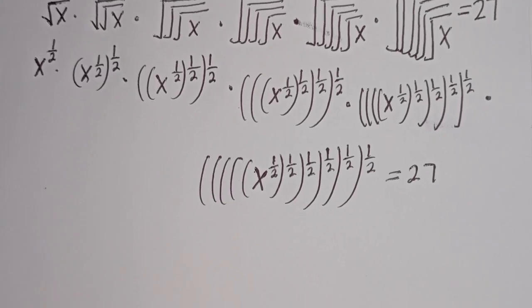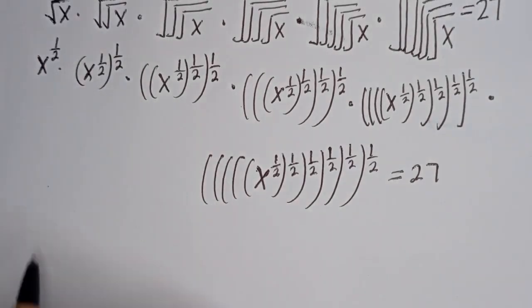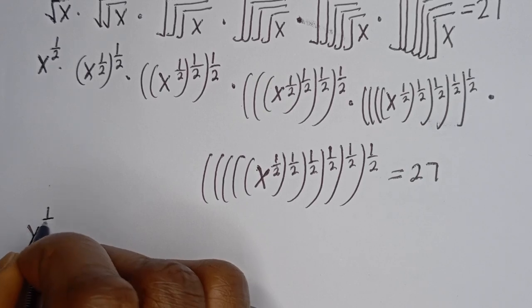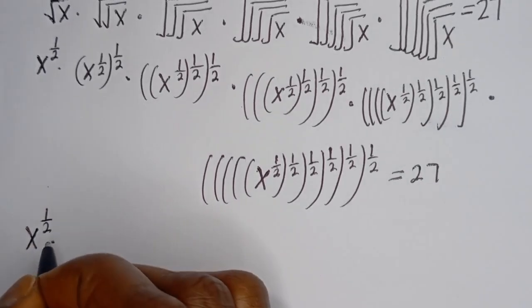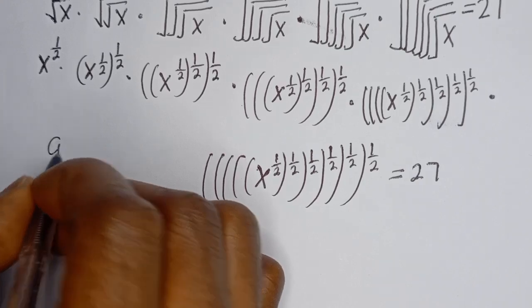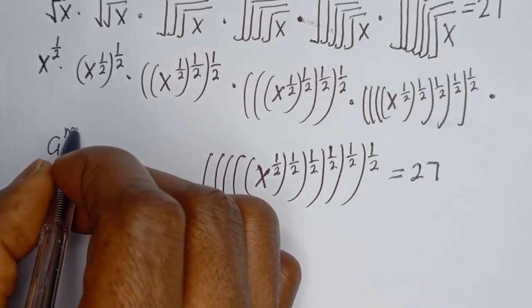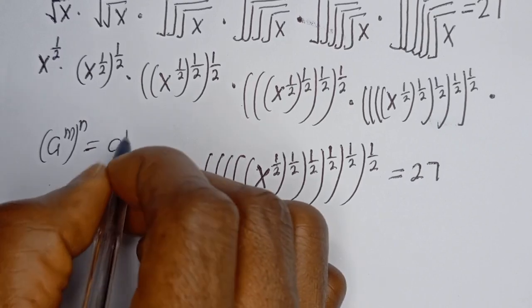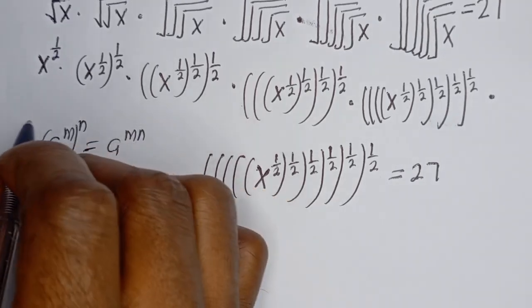Take note of this: if you have a to the power of m to the power of n, this is equal to a to the power of mn.